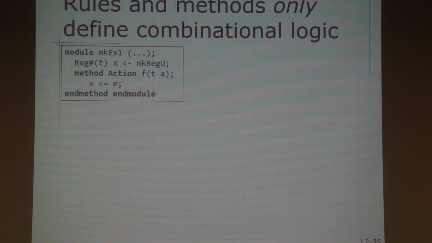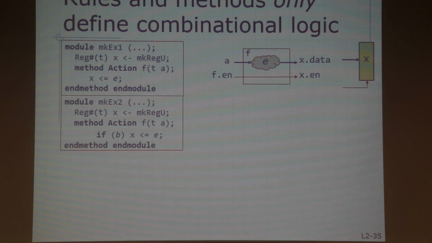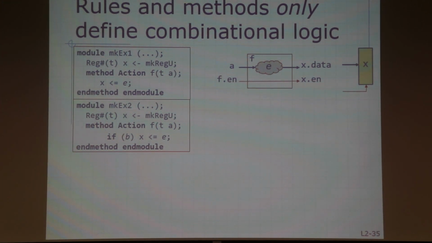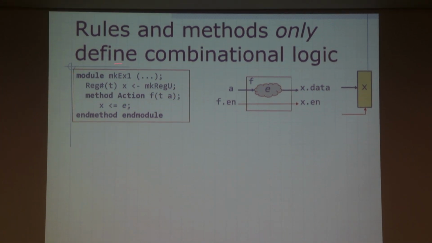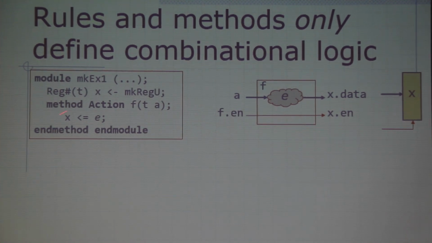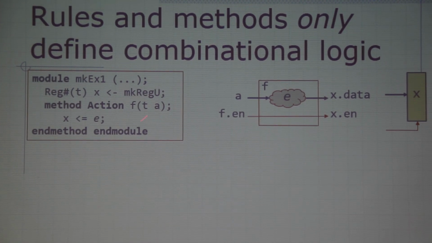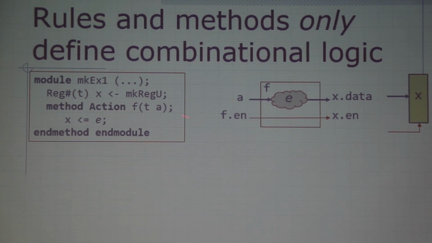Rules and methods only define combinational logic, and it's getting late in the day, but let me just do one. Suppose you had a module which had an action method here. What is the logic connected with this action method? X is declared somewhere else.